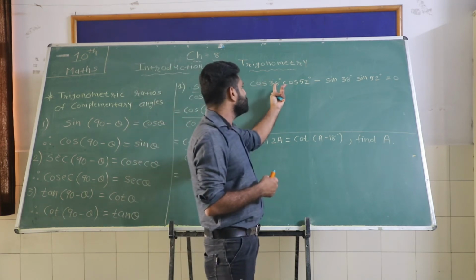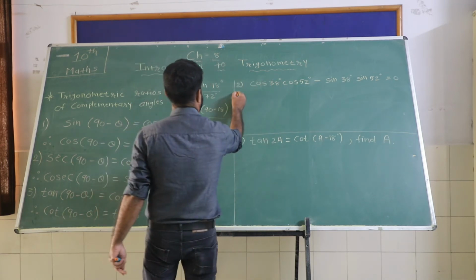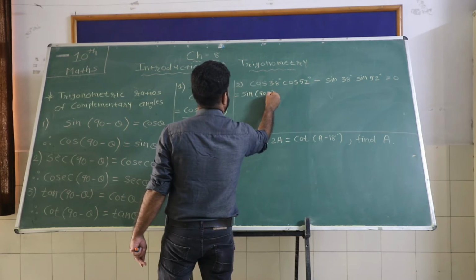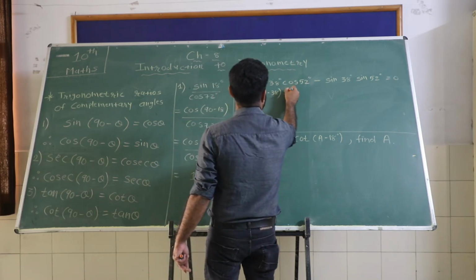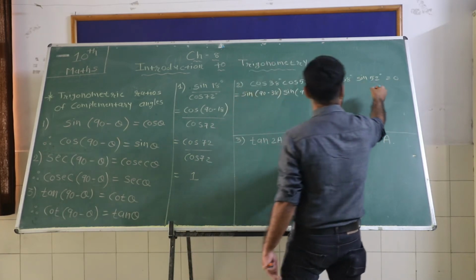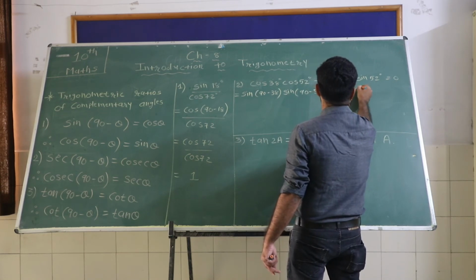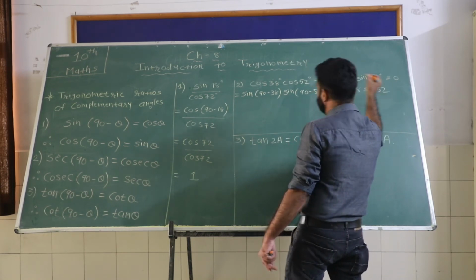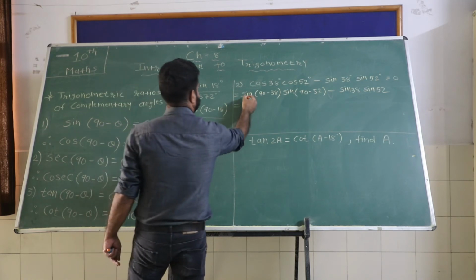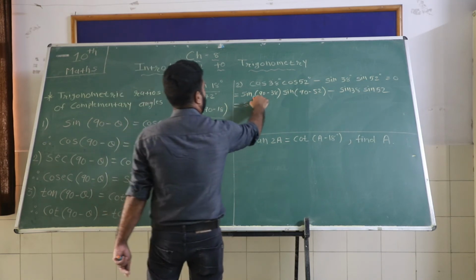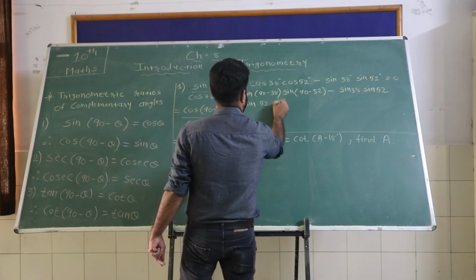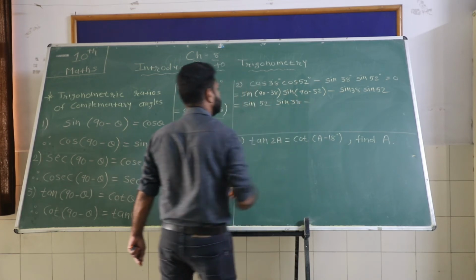Here I am converting the first two values. Converting cos to sine, the angle will be 90 minus 38, that is 52. Converting cos to sine again, the angle will be 90 minus 52, that is 38.